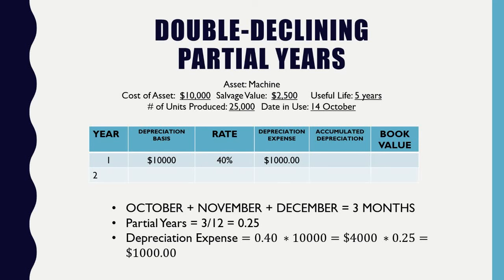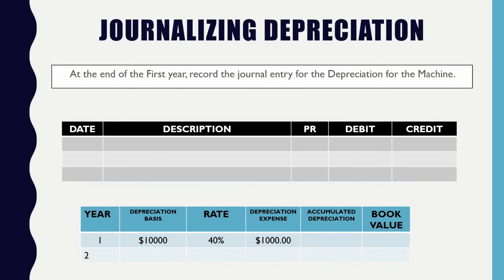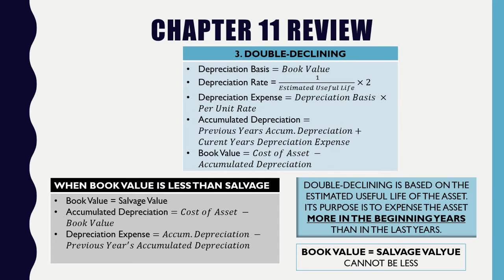I want to make sure that I let the books know that my asset is only 3 months old. So on the first year, I can only record a fourth of the actual depreciation expense. Journalizing it is the same journal, and this time, because we calculated just that 1,000, it is 1,000. Any questions there?